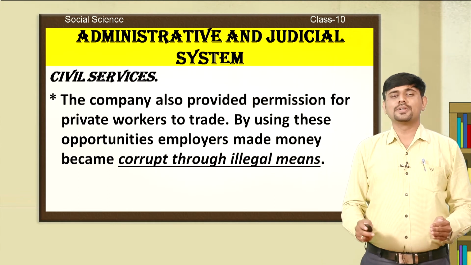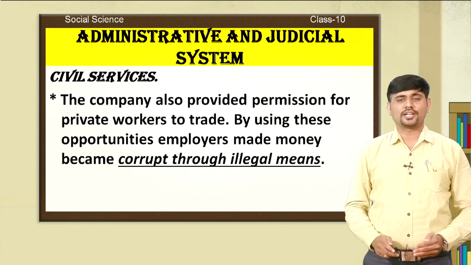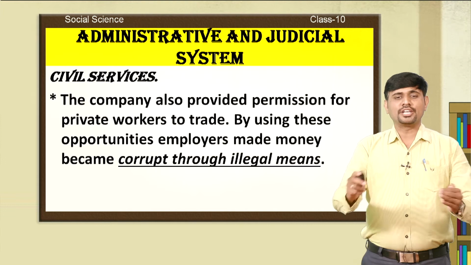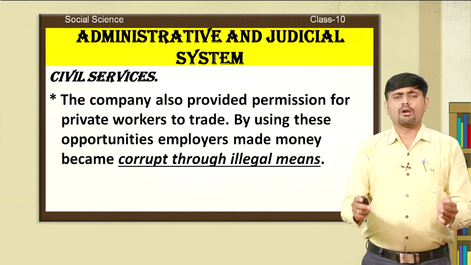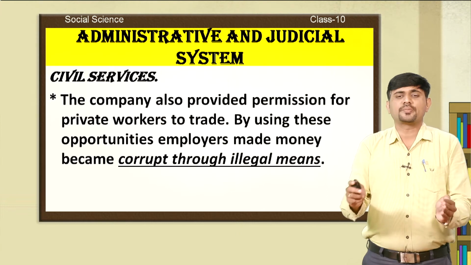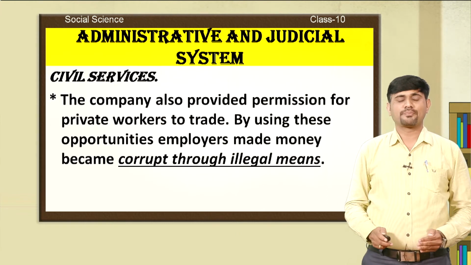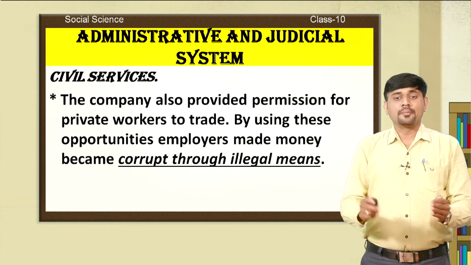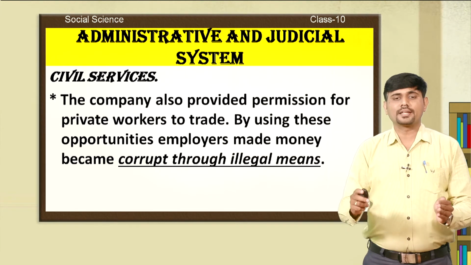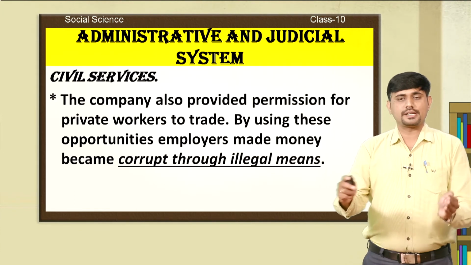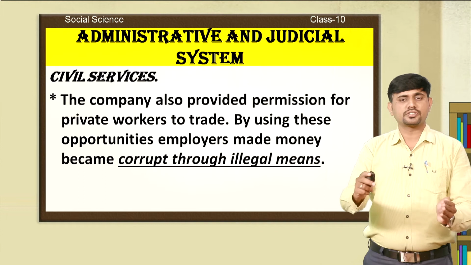The reason to introduce the civil services in India, children. By then, there was a lot of corruption in the British East India Company, especially among the officers of the company. They were engaged in corrupt activities. To remove that corruption and bring an efficient administration system to India, Lord Cornwallis decided to bring the new system to India.